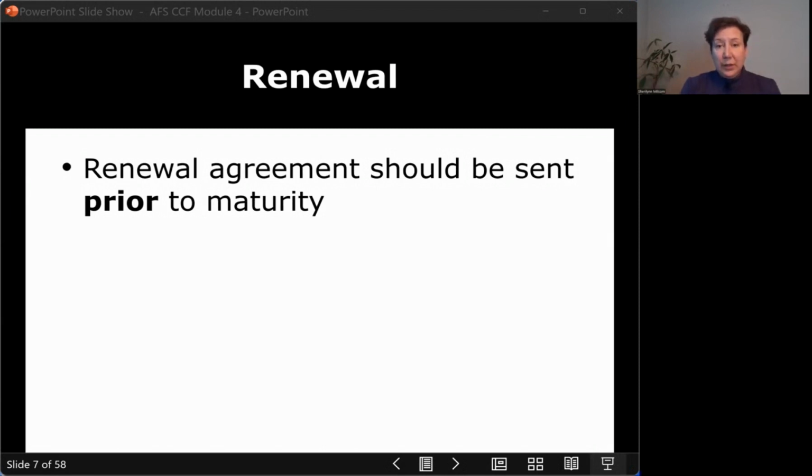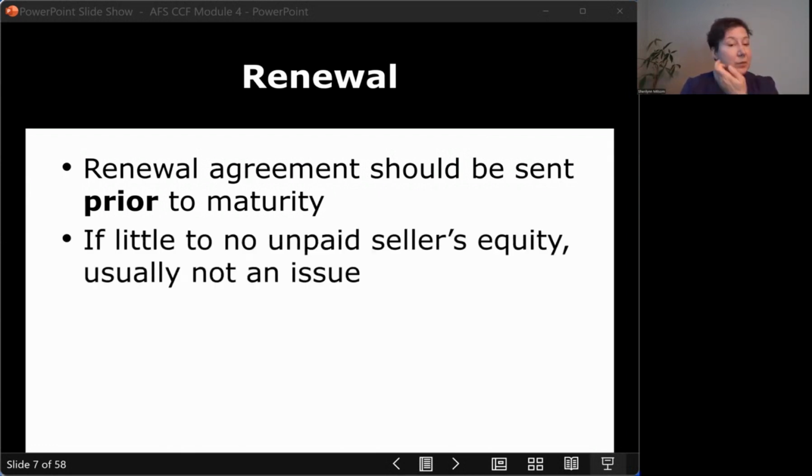Now, your renewal agreement should be sent to the seller prior to maturity, so they have a chance to review it, and also because we're going to need them to send us the mortgage renewal offer.